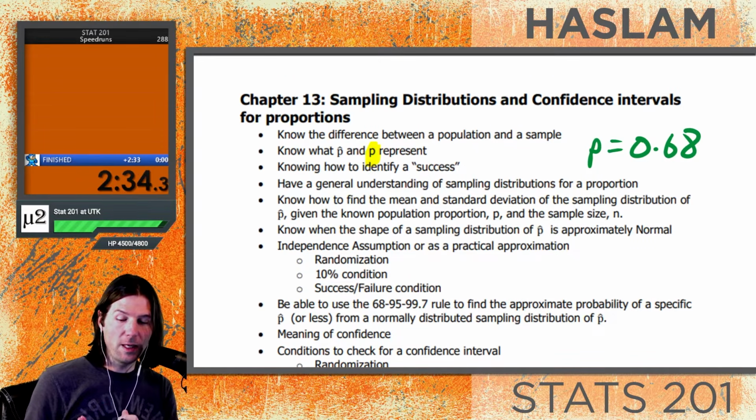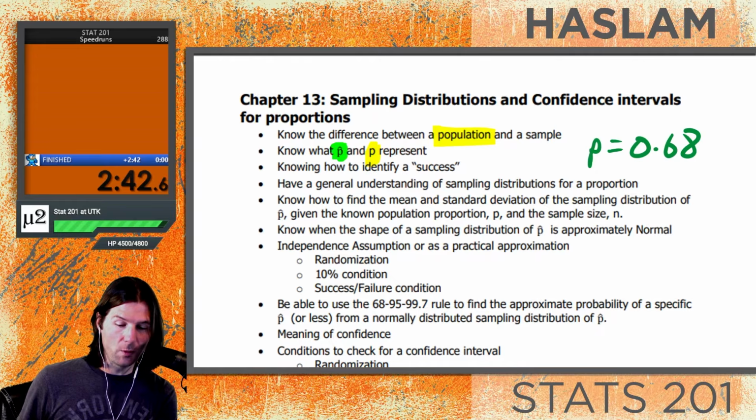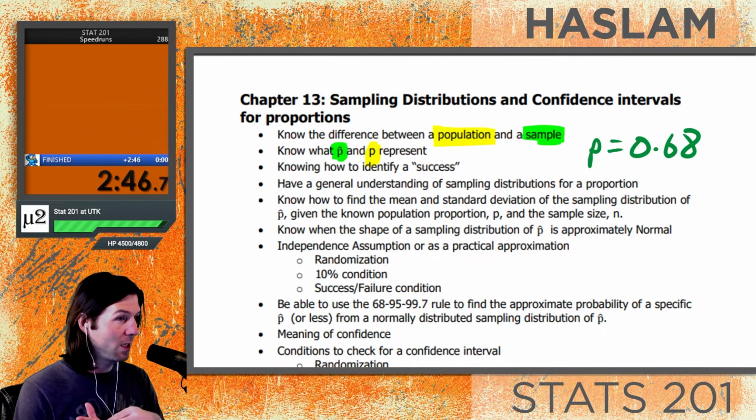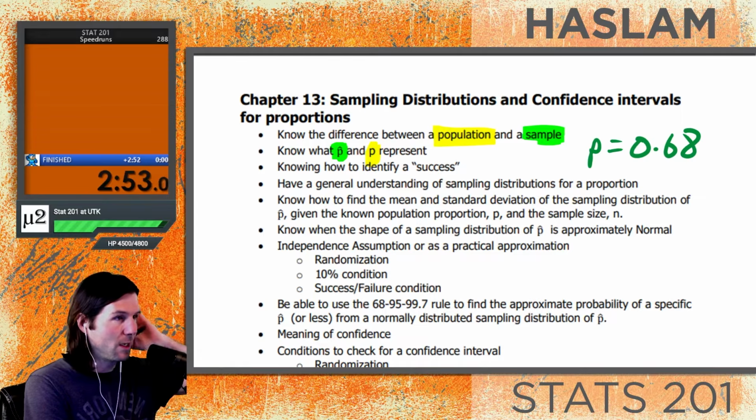So P is for the population, where P hat is for the sample, and you'll always see a sample size. Make sure you know the difference here: P is the truth for a population, where we have all the data from all individuals, and P hat is relative to a sample size.